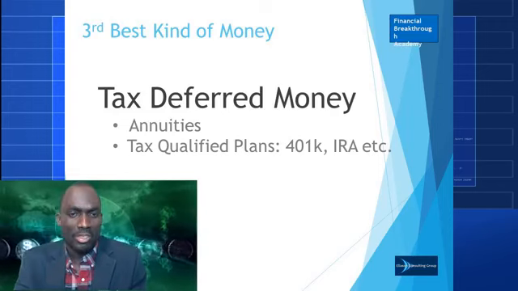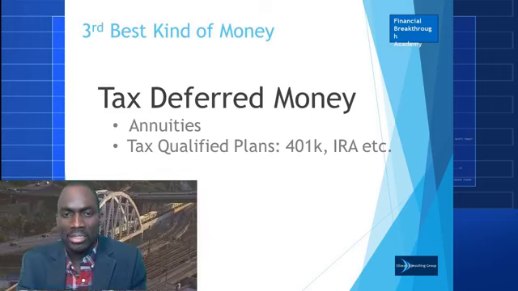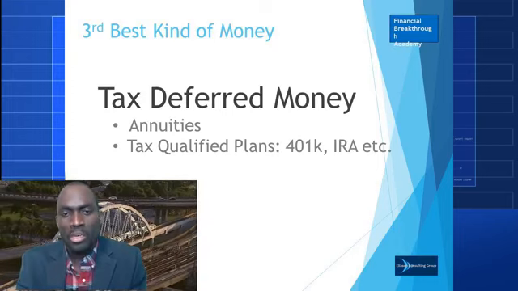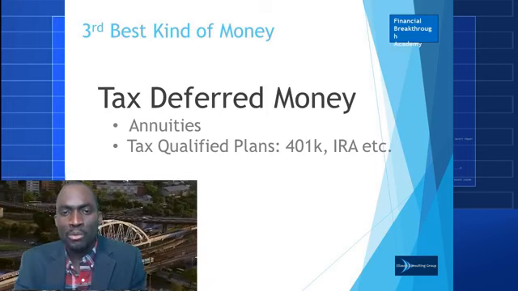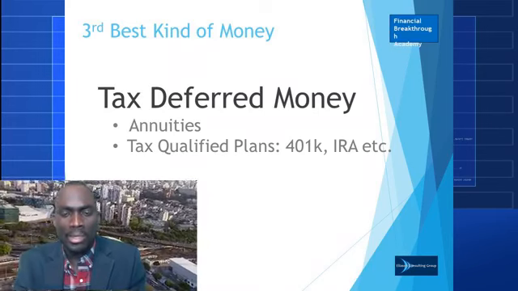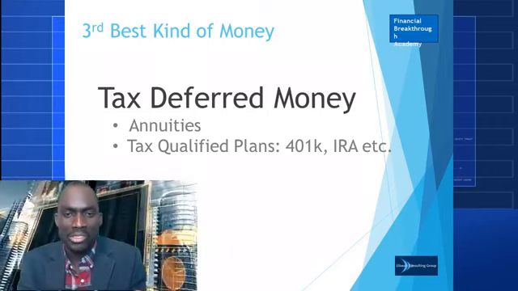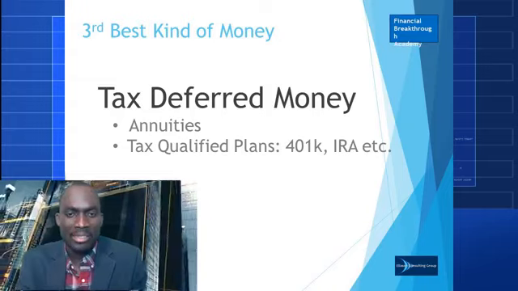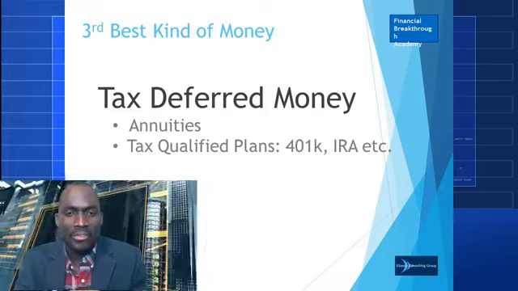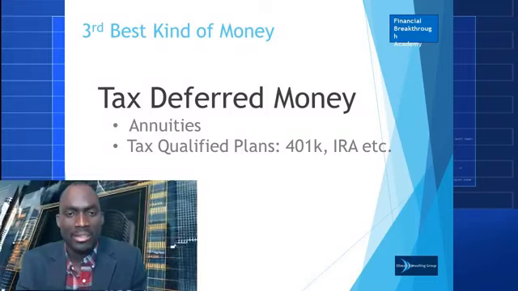Some examples of tax-deferred money you can come across are annuities. An annuity is simply a contract with an insurance company that enables you to put away your earnings and let it grow without paying taxes on it now. But in the future, when you are ready to take out the money, then you pay the necessary tax responsibility. Again, depending on your situation, this could be a good thing for you. Every individual is different, and you want to make sure that it suits you as an individual.